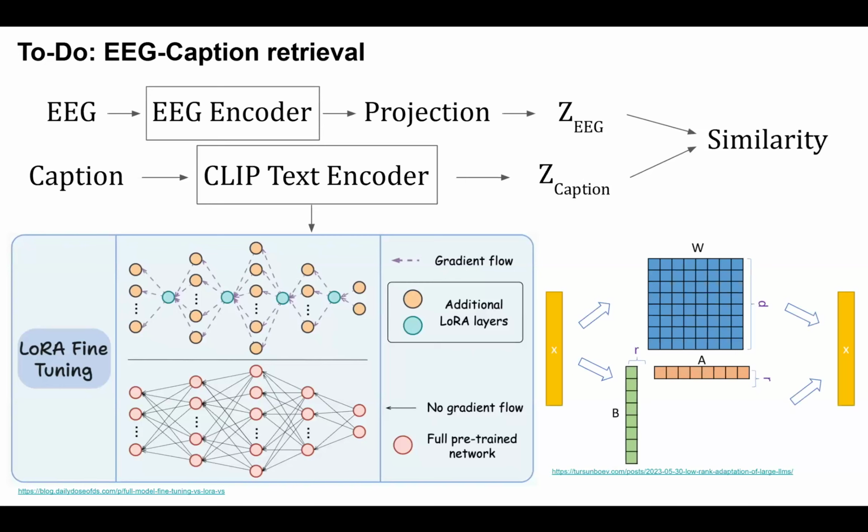The input X, originally, should go through the weight matrix, as you see here, the blue one. So when you inject LoRa in that, you inject a low rank matrix, like this one. This one is composed of A and B. So it is the same dimension. B, for example, the number of rows is the same as W. And A has a number of columns the same as W as well.